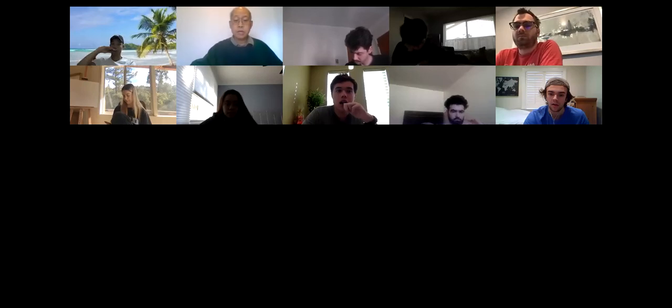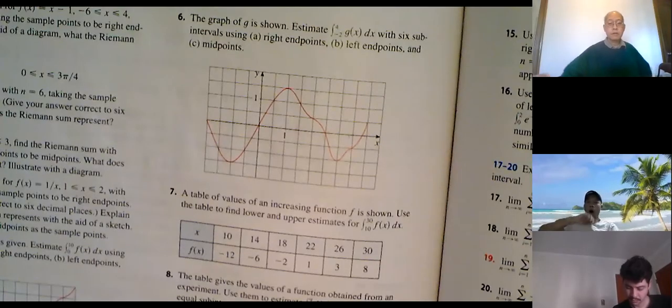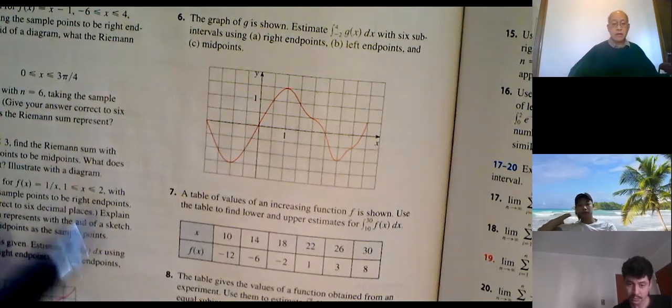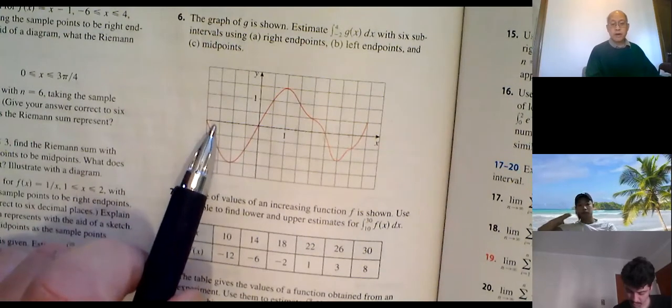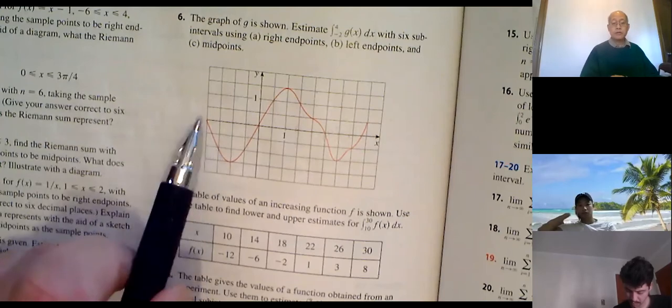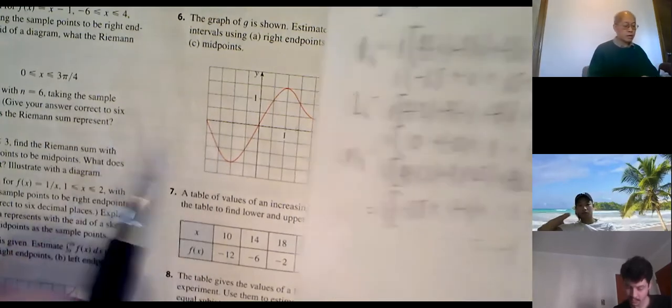So it's f of negative 1.5. F of negative 1.5 is negative 1.